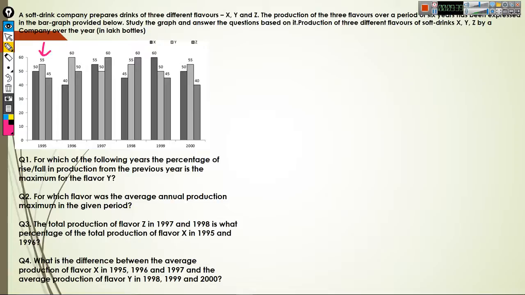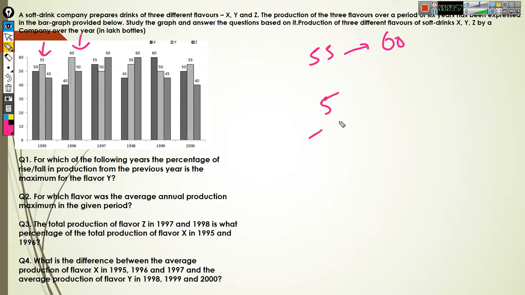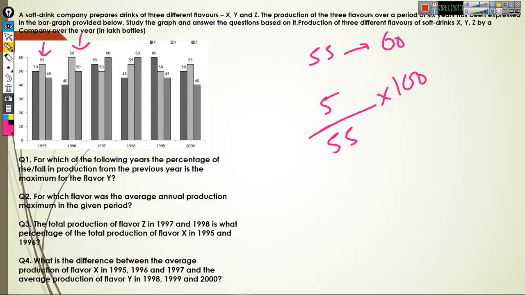In the year 1995 the production of Y was 55, and in the second year, 1996, the production of Y was 60. It means the production increased by 5 units. If we calculate it in percentage, then 5 compared with 55 multiplied by 100. 5 ones are 5, 5 11s are 55.